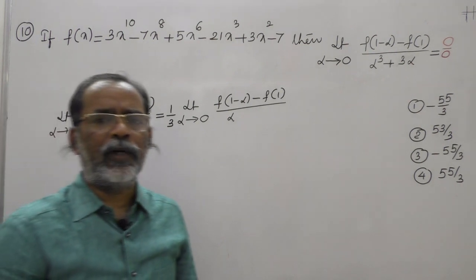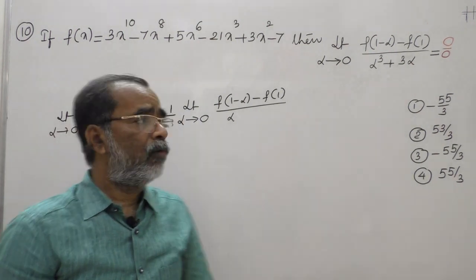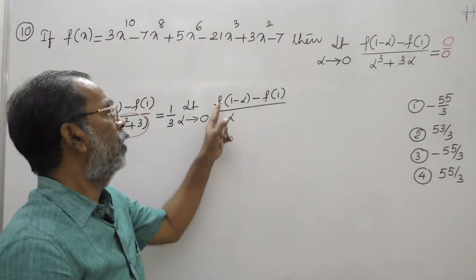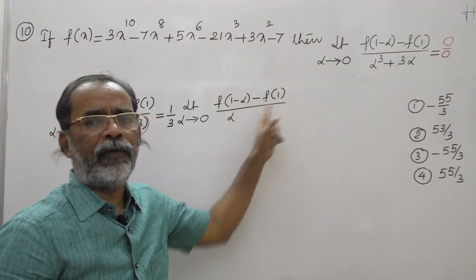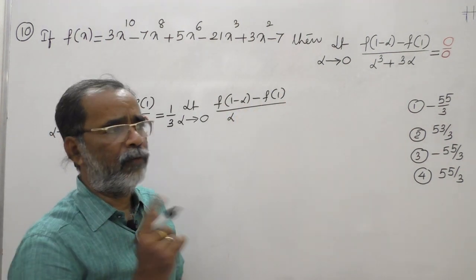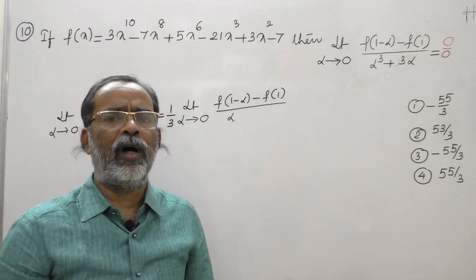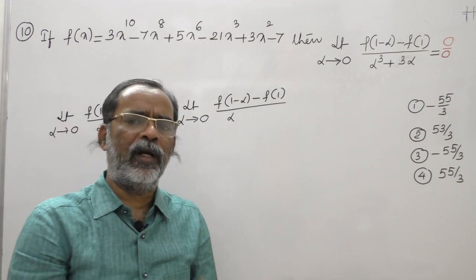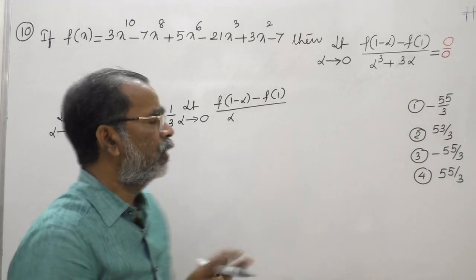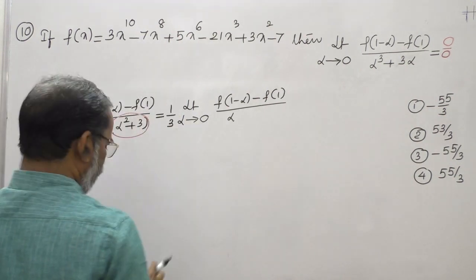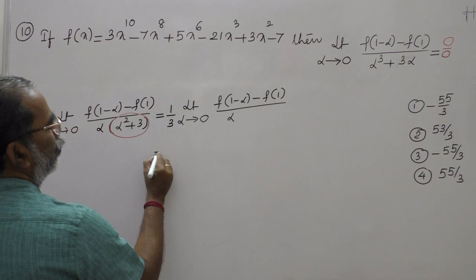Differentiation, definition, first principle. What is first principle? f of x plus h minus f of x by h. From the first principle, for the piecewise functions, there also we will use left and right derivatives. Therefore, left derivative definition I am using.